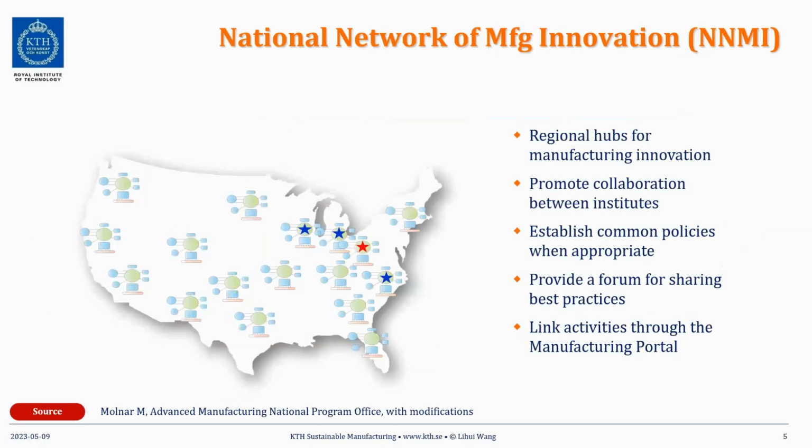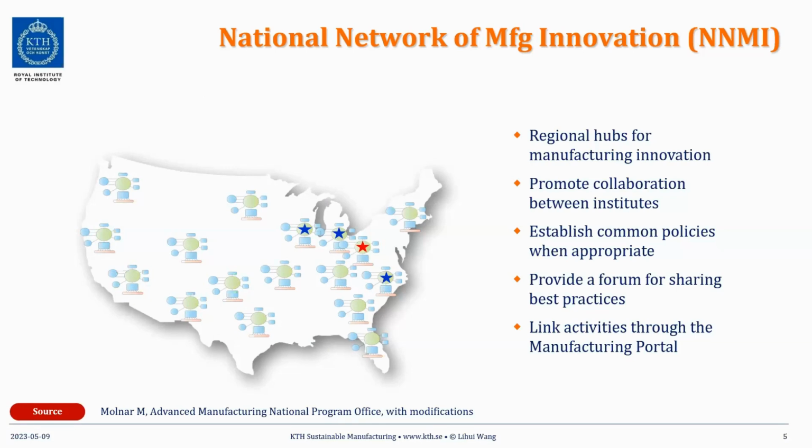Similarly, in the USA, another roadmap has been rolled out. This is called the National Network for Manufacturing Innovation, or NNMI in short. The idea is relatively simple. The US government wanted to create regional hubs or clusters in different cities from coast to coast.